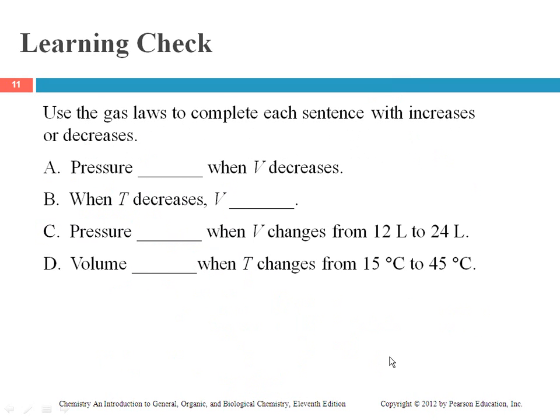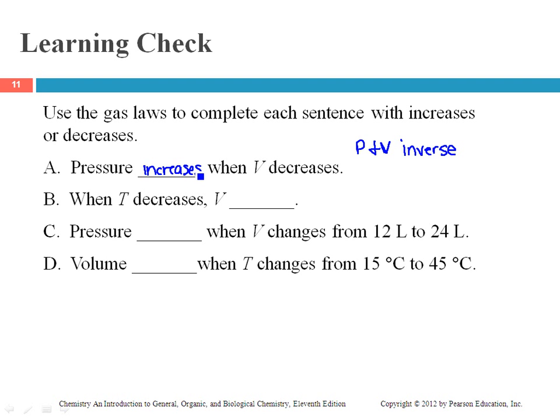Just a quick review for Boyle's and Charles's Law. We're going to go through and fill in the blanks. A: pressure blank when volume decreases. This is an example of Boyle's Law because we have pressure and volume, and we know this has an inverse relationship.